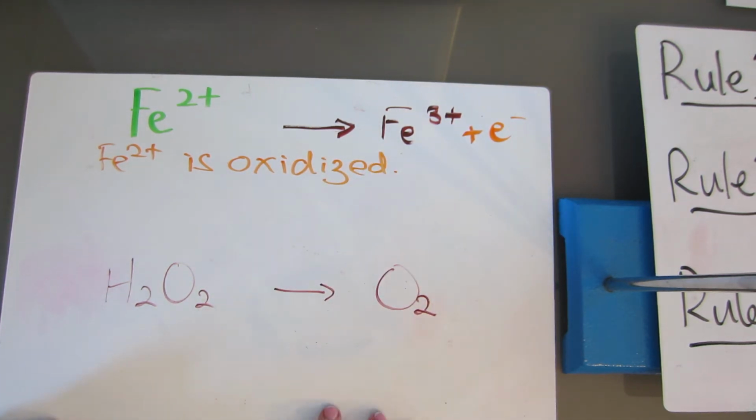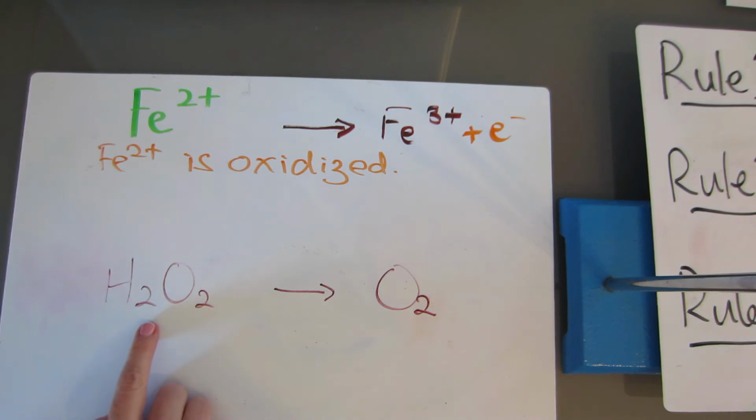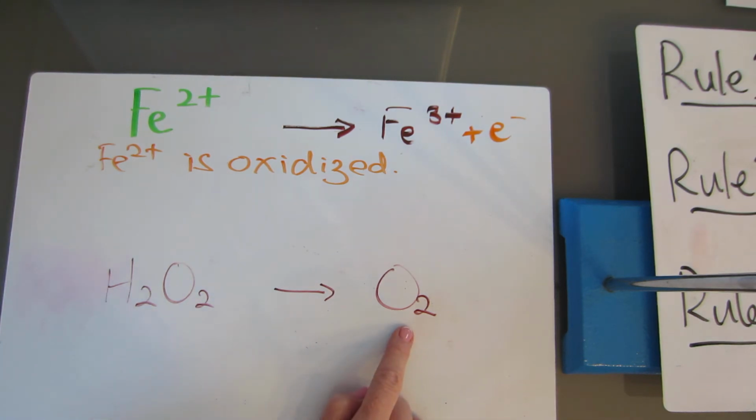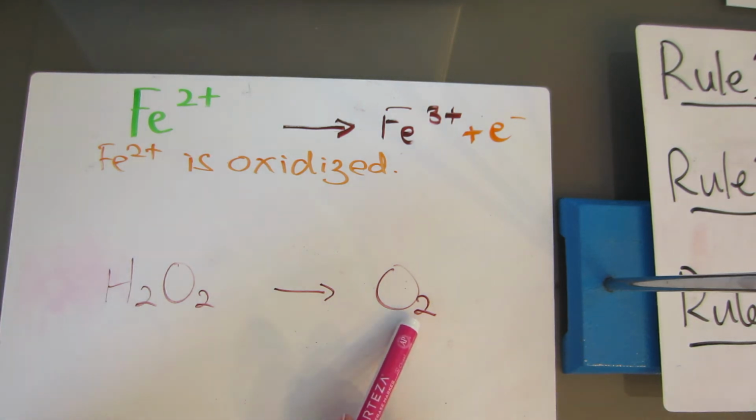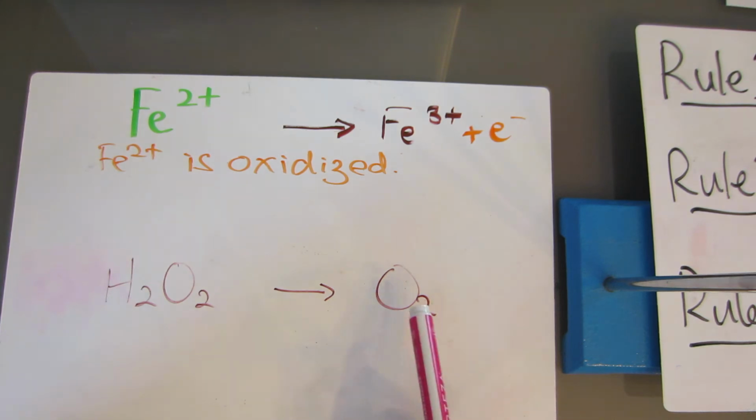So beneath is another redox half equation. This is hydrogen peroxide. It very often gets oxidized to oxygen. So let's have a look. What is not balanced here? I've got 2 oxygens on this side, 2 oxygens on this side. So I'm okay. I don't need to use rule number 1.